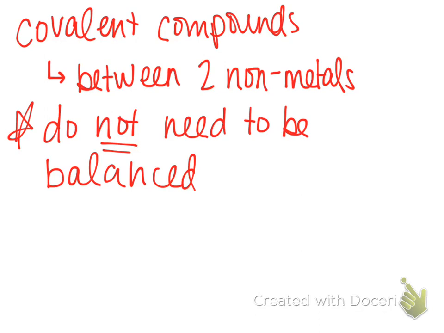If I give you a compound, let's just look at these two compounds. Which of those is ionic and which of those is covalent? First of all, tell me which is the ionic molecule. The first one says CO2, the second one is CaO.